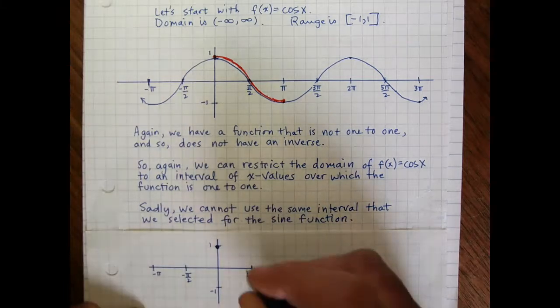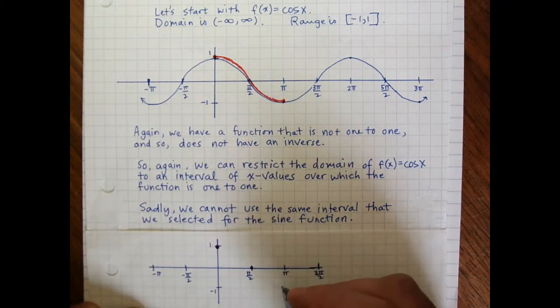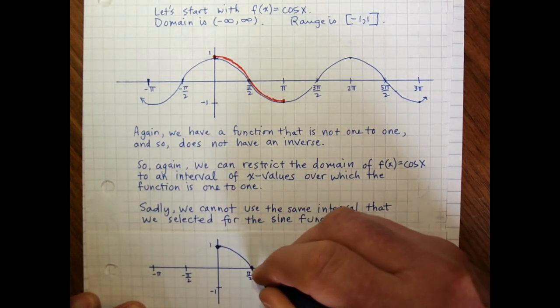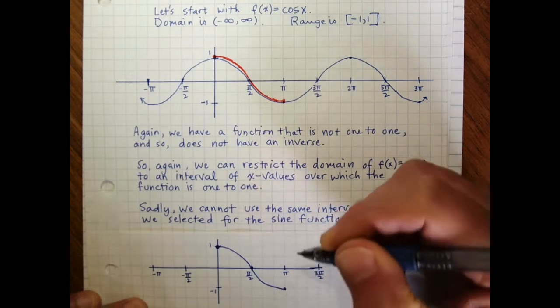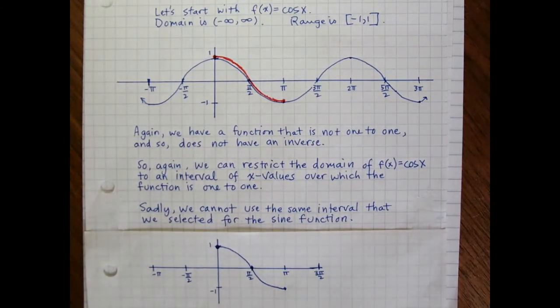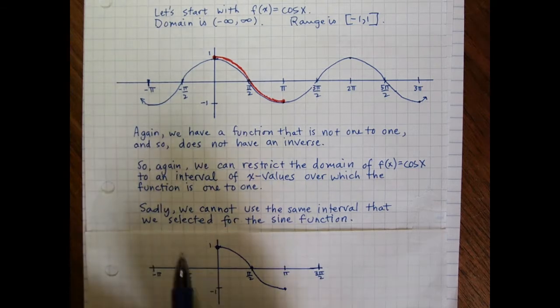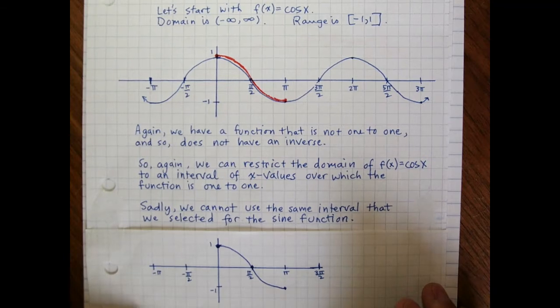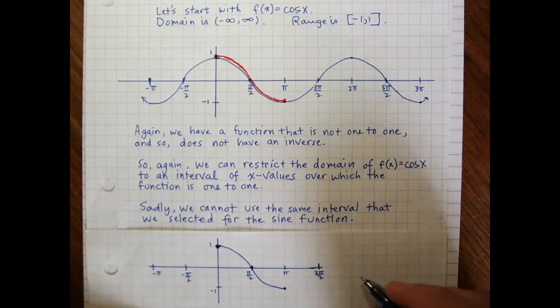So what we end up with is this piece of the cosine graph. Unfortunately, sadly, we have not chosen the same interval that we got to choose for sine.